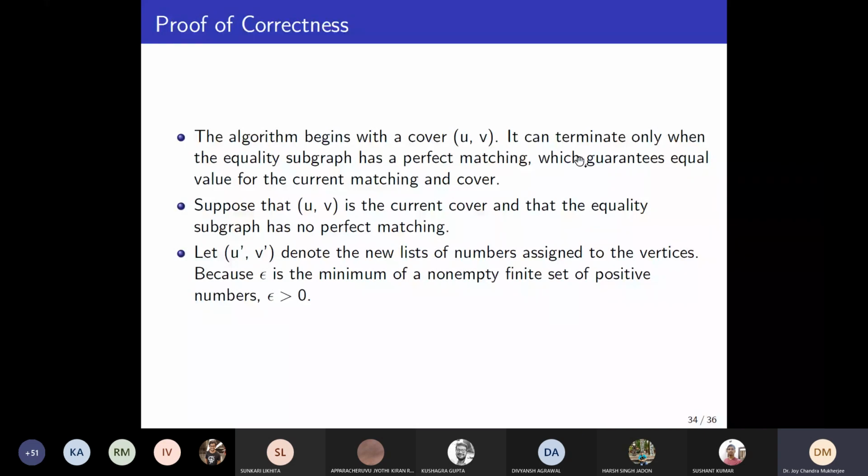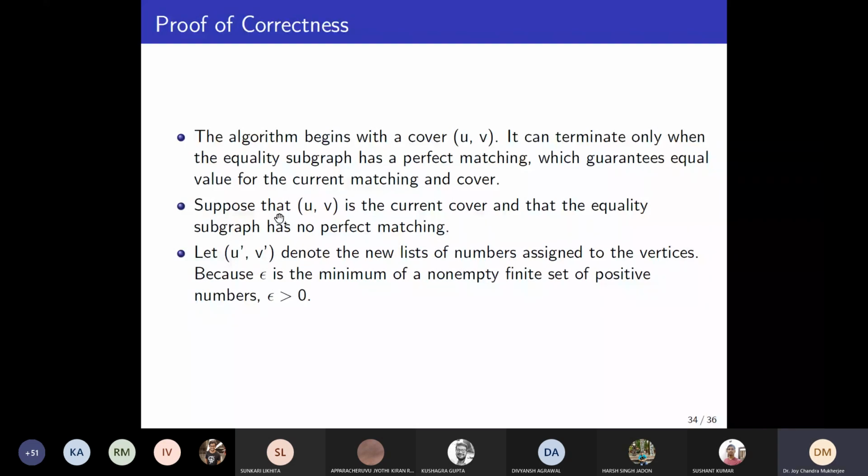This proof is from Lemma 2, that maximum weighted matching equals minimum weighted cover. That is coming from the lemma, whose proof I did not give; it is a 3-4 line proof, not a big deal.